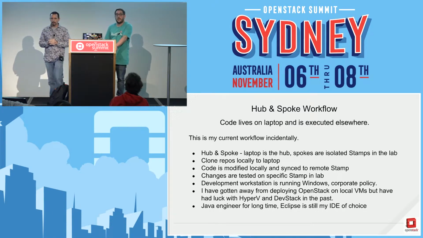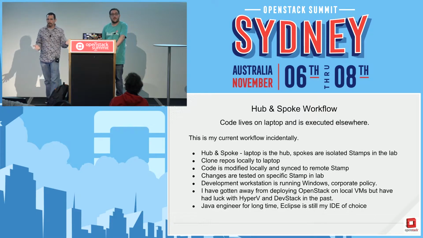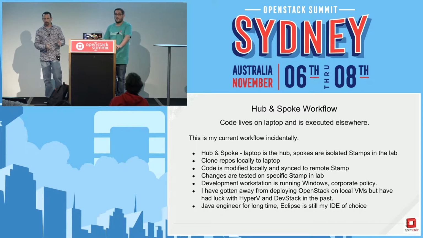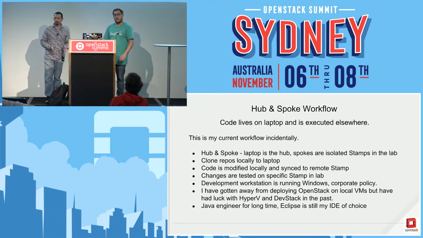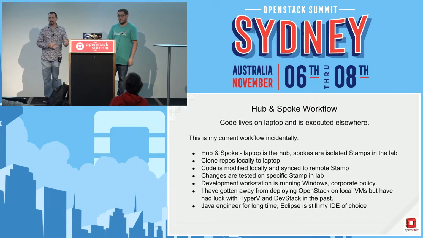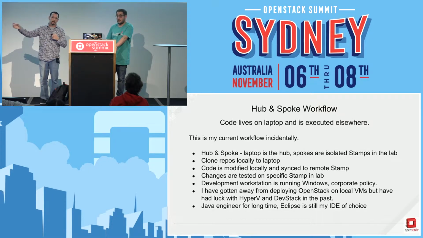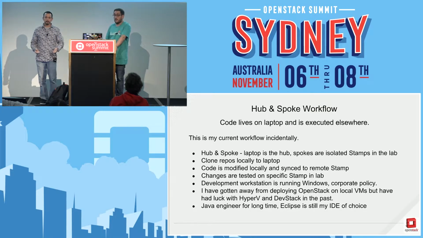So again, going back to the hub and spoke, all the code exists on my laptop. I clone all the repos locally. Code is modified locally. Changes are tested on a specific stamp in the lab, and that's done by synchronizing the code. So I'll have the code local, and I'll use the tool WinSCP, which pushes the code out to the remote environment, and I test that way.